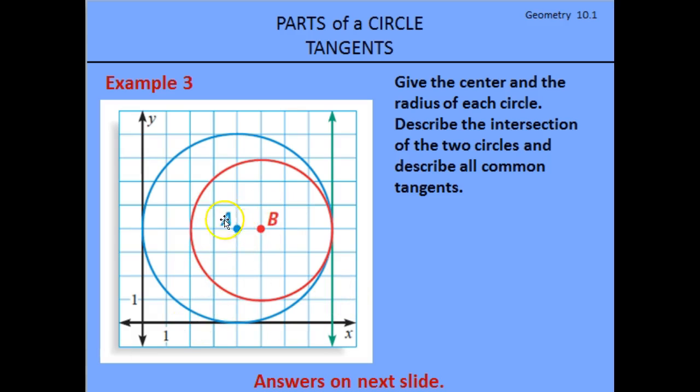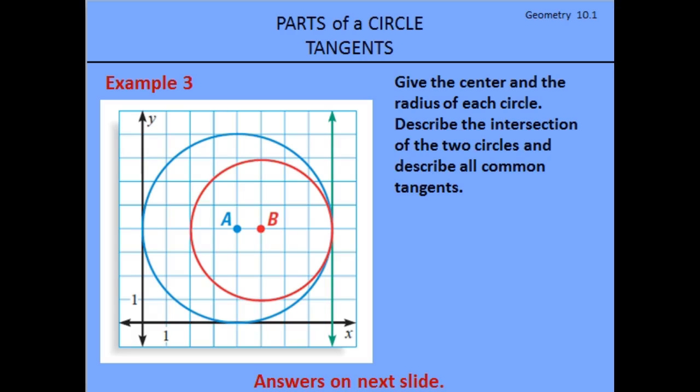So what is the coordinate of point A, the center of circle A, or the center of circle B? Also, when we talk about a line, remember, if it crosses the x-axis at 1, we use the description x equals 1. So our description is going to be an equation, x equals 1. Make sure you pause the video now and describe all of these things and check your answers in a minute.